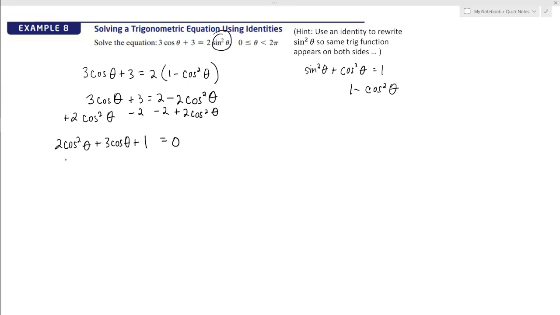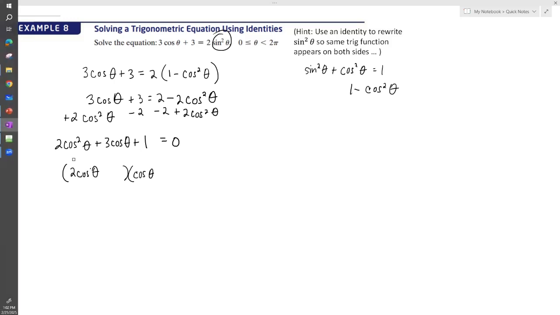All right, and you can put a u in there if you want, but we can pretty much see that cosine squared and cosine are going there for the angle theta. So let's factor it here. This has to be 2 cosine theta. And this has to be just cosine theta.